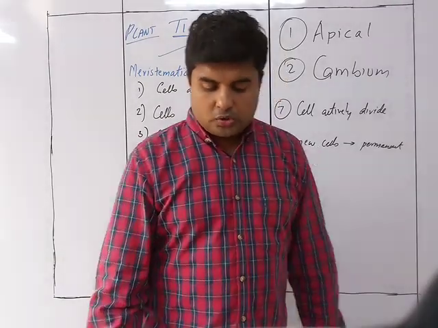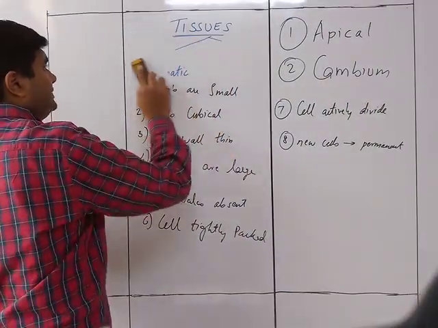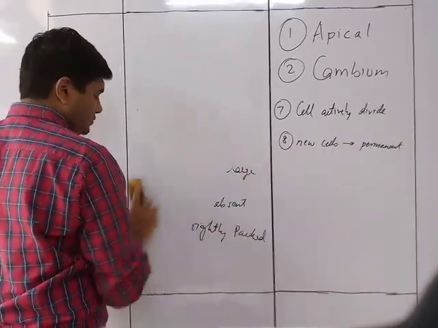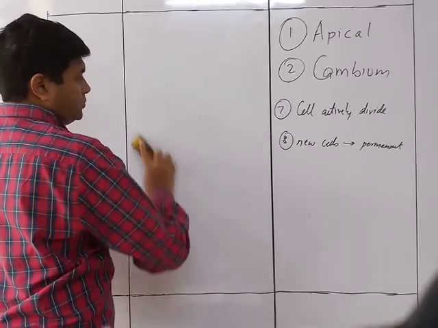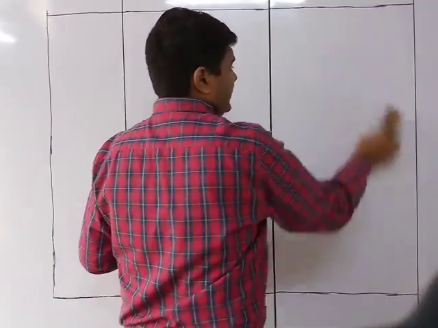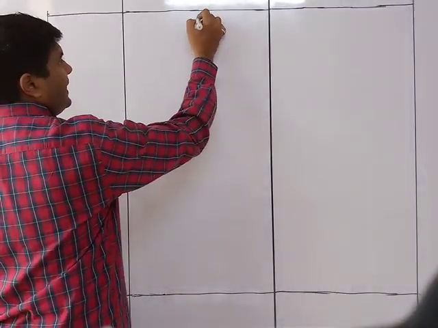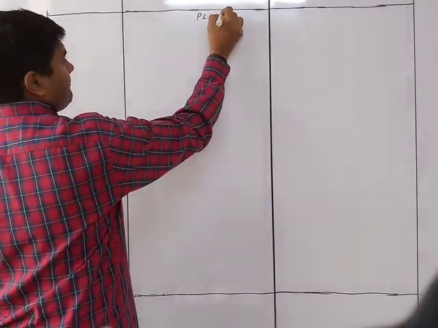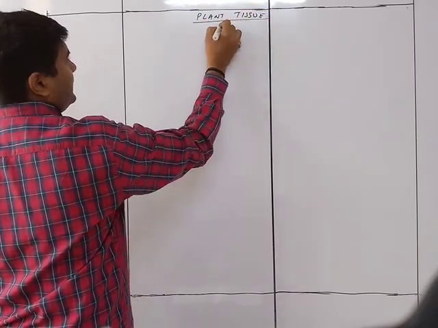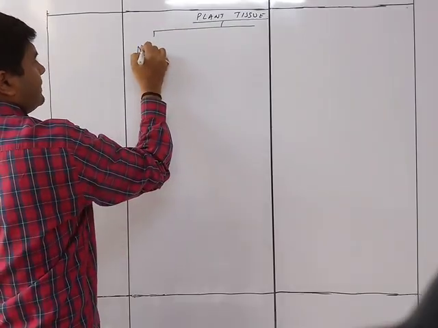Now we move on to the permanent tissues. So the next kind of tissues in plants are the permanent tissues. So we can see here, first of all, plant tissue is divided into 2 parts. One is meristematic.